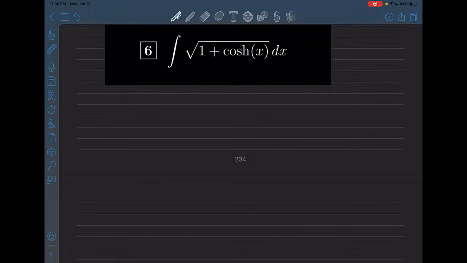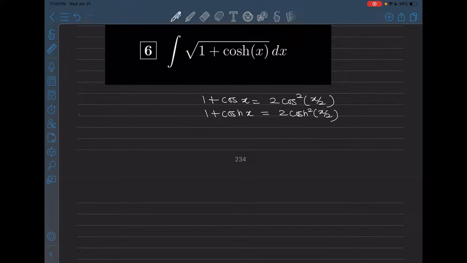So we know that in trigonometry, 1 plus cos 2 theta is 2 cos square theta, right? Similarly in hyperbolic trigonometry, there's this formula: 1 plus cosh x equals 2 cosh square of x over 2.